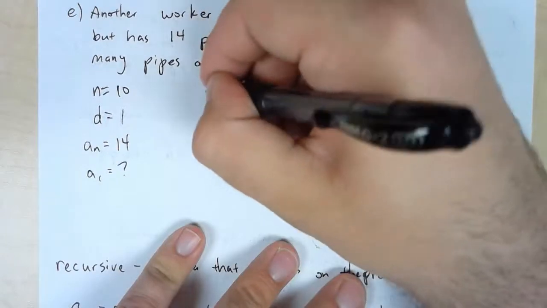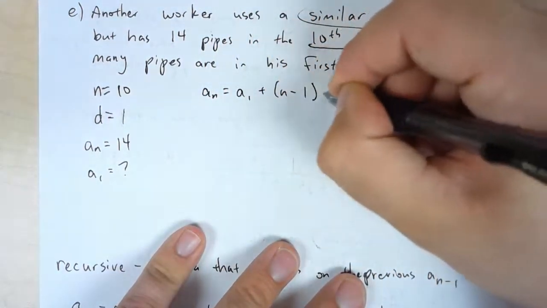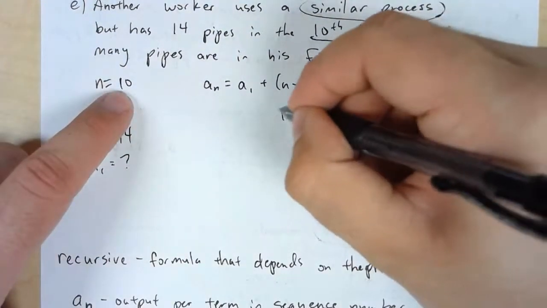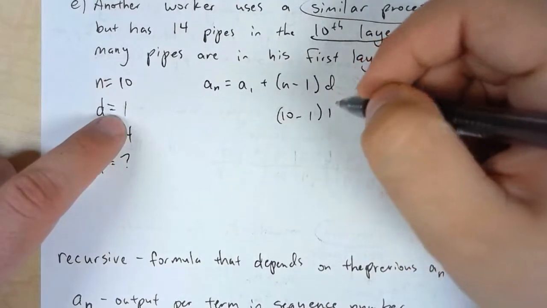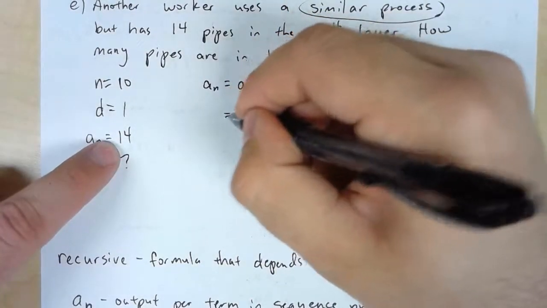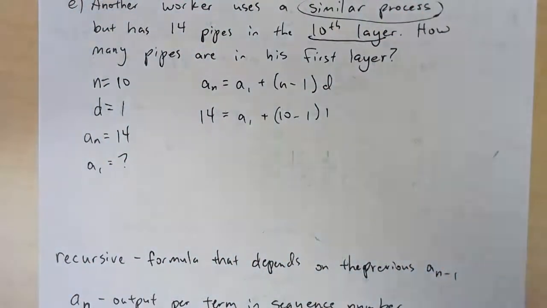We have no idea. So a sub n equals a sub 1 plus n minus 1 times d. I'm just going to write this down and substitute in what I know. So I know n is 10, and my difference is still 1. I don't know my a sub 1, but I know my final amount is going to be 14. We don't know the number, but we do know the output of that number.